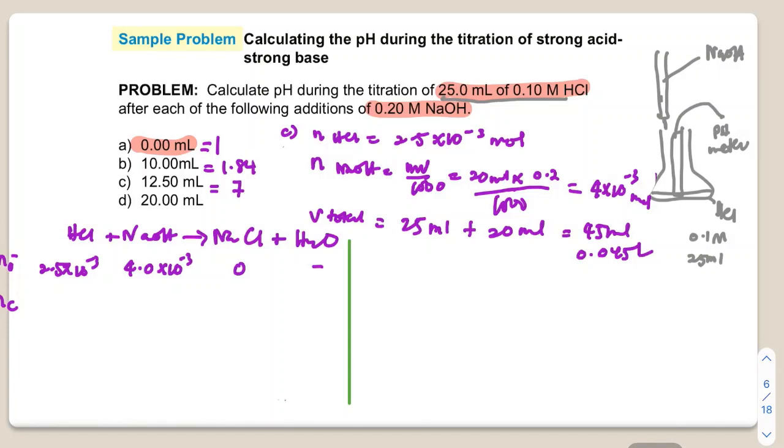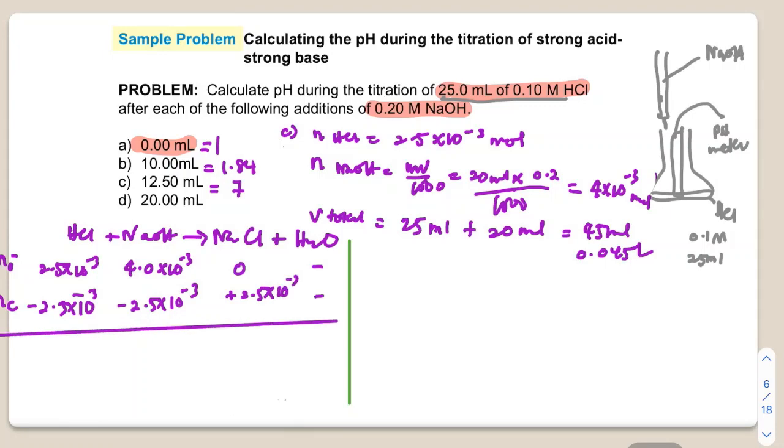And for the change, let's compare these two. We know that the amount of the HCl is less than sodium hydroxide, so HCl will be the limiting reactant and will be completely consumed. So the amount changed for both is negative 2.5 times 10 negative 3, negative 2.5 times 10 negative 3, plus 2.5 times 10 negative 3, dash for H2O.